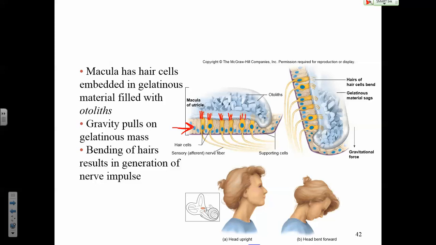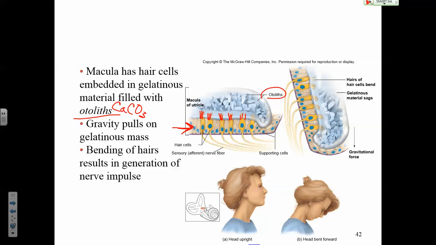But do you see how the cilia are embedded in this gelatinous mass that has little crystals inside of it? These crystals are calcium carbonate, and they're called otoliths. Kind of like chalk.